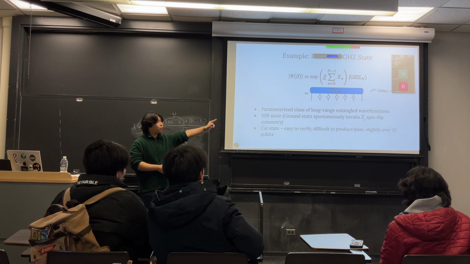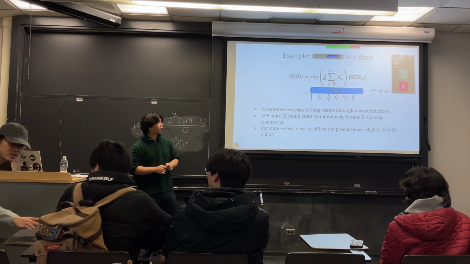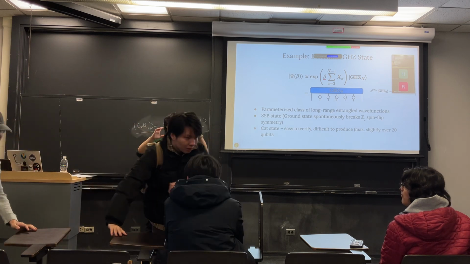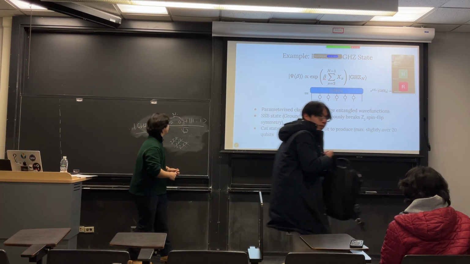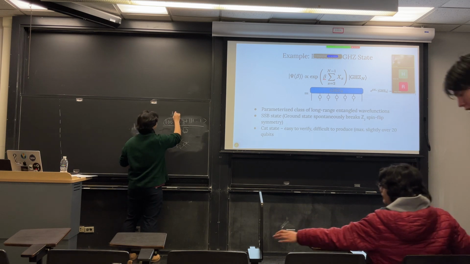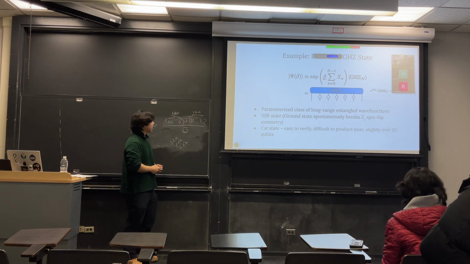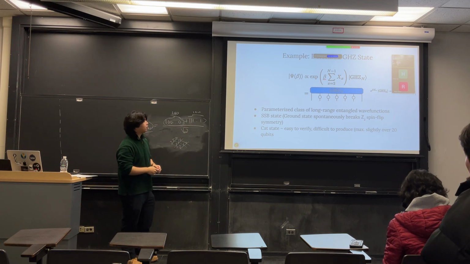But this very new protocol allows us to create GHZ states of an arbitrary number of qubits. You can have 100 qubits instead, which is insane. This process will allow us to do that.